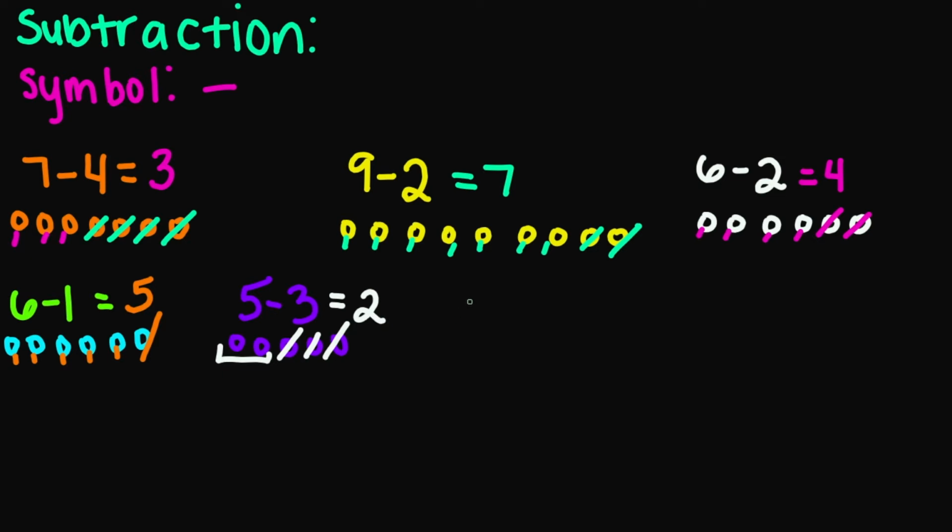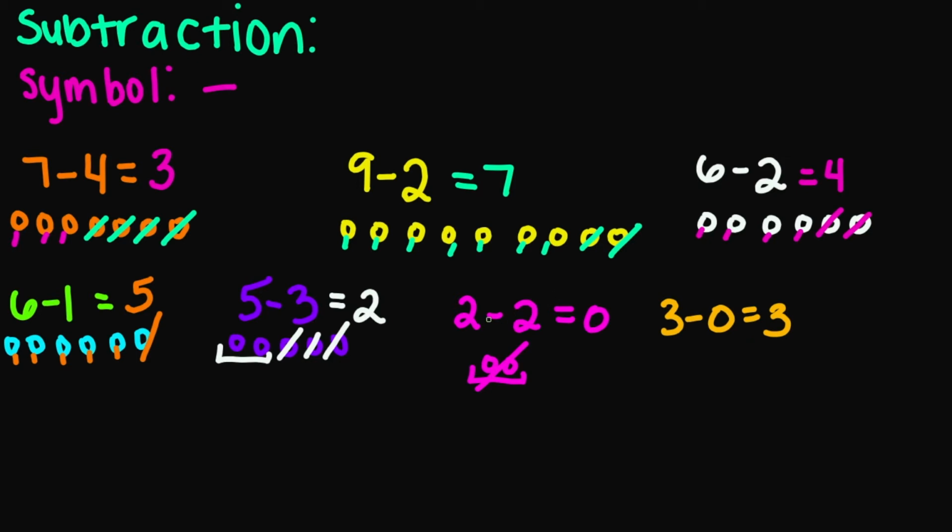Okay, what if I have 2 minus 2? What does this equal? That means I have 2 marbles and I'm going to remove both of these marbles. How many marbles do I have left? None. So 0. So 2 minus 2 equals 0. Okay, 3 minus 0 equals 3.